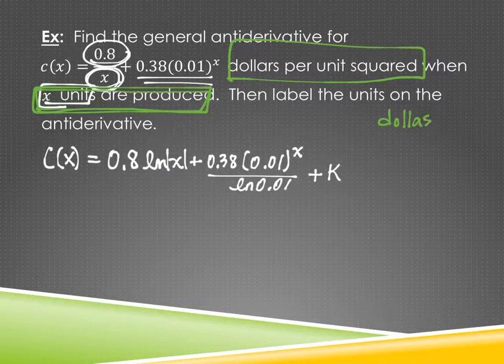You've got dollars over units squared, and you're multiplying by units. So this units is going to cancel out with one of the squared units on the bottom. So what are you going to be left with? Dollars per unit is what's going to be remaining.